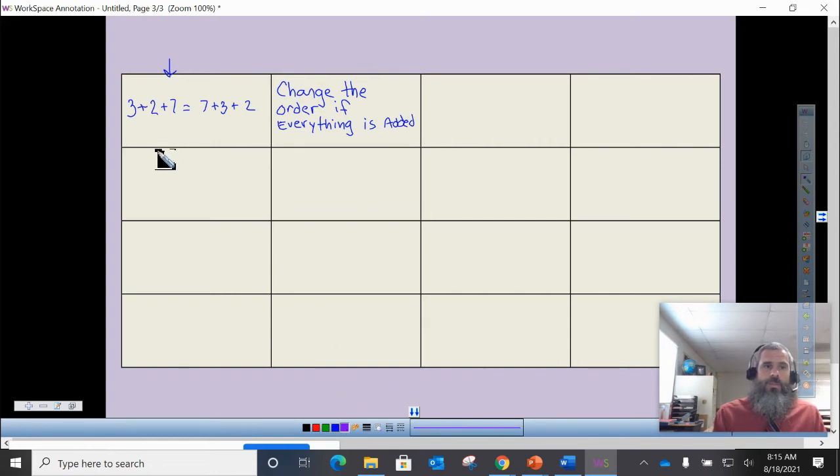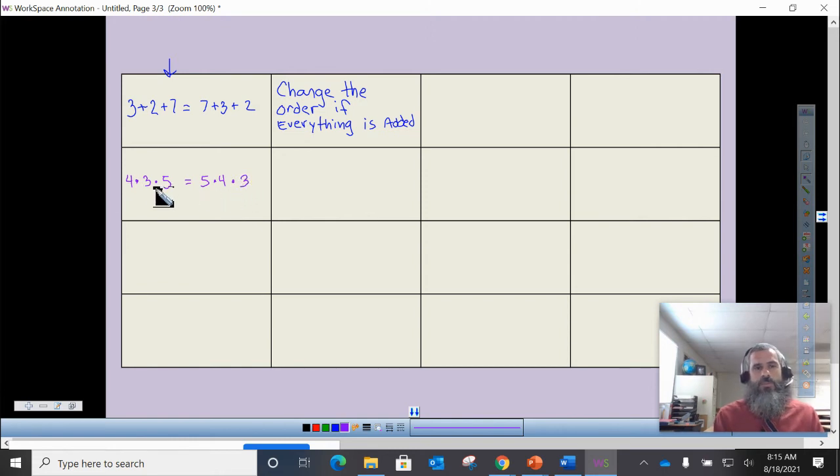And then the commutative property of multiplication is behind this one, and that one is the same idea. It just says you can flip-flop the order, but everything has to be multiplied. So if it was, I would switch it and I would multiply the 5 and the 4 first, because that would make 20, and then 20 times 3 is really easy to do.